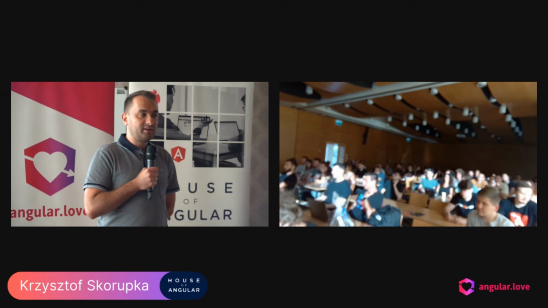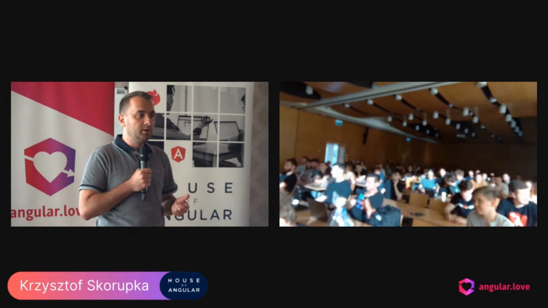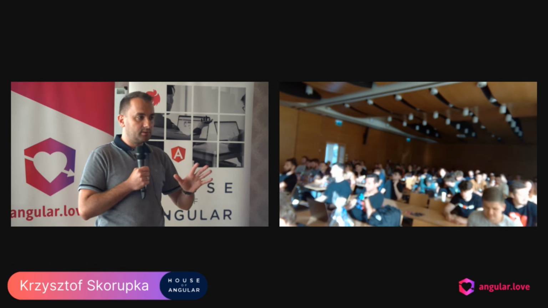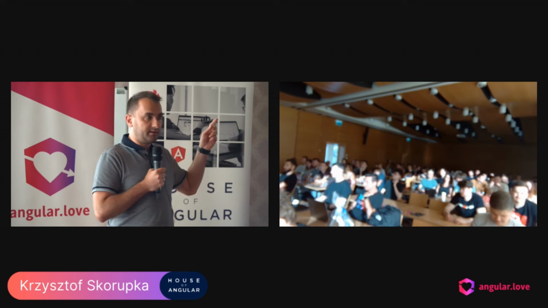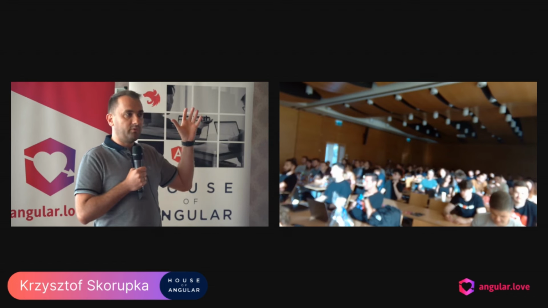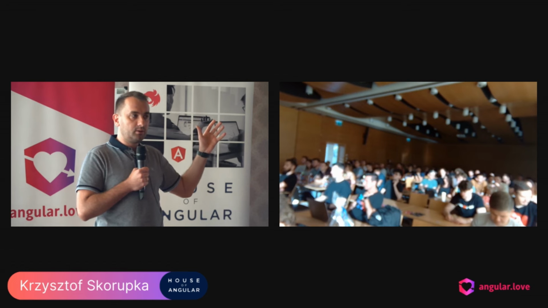to be honest. It's much easier than any other state management library I can think of. Maybe the one that I also mentioned in the intro, the signal store, is also quite easy. But this one is really simple, as I showed you: you just need to provide the query client once in your application config.